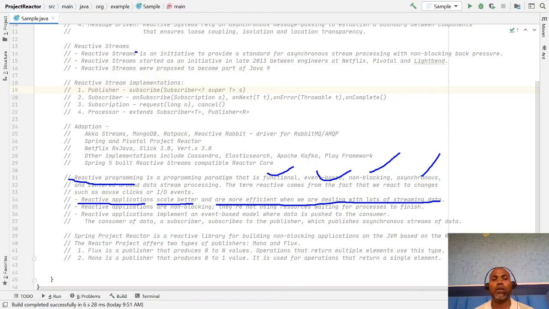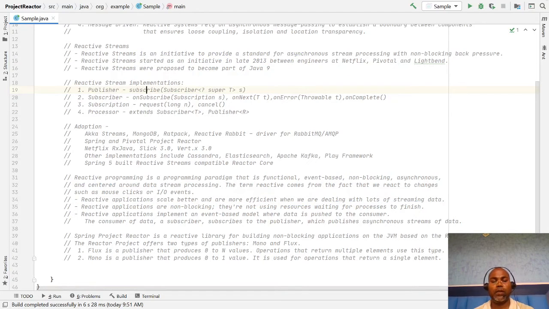Whenever lots of data is coming, you are processing it, and someone might be consuming your data. In that case, if you program in the reactive programming manner, following these principles, your application automatically becomes scalable.